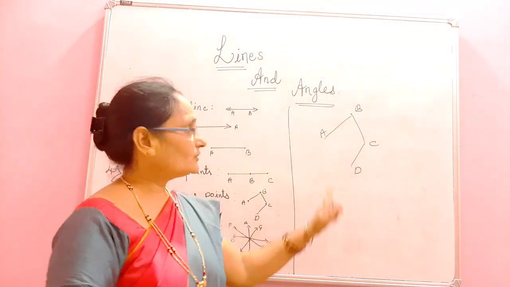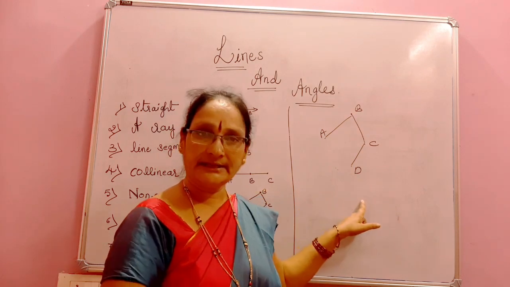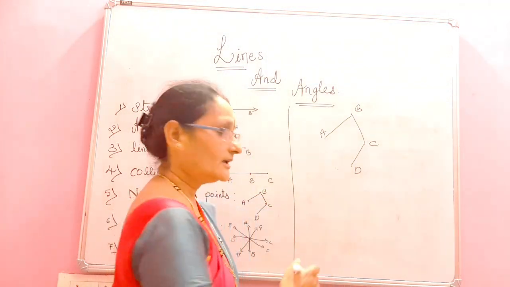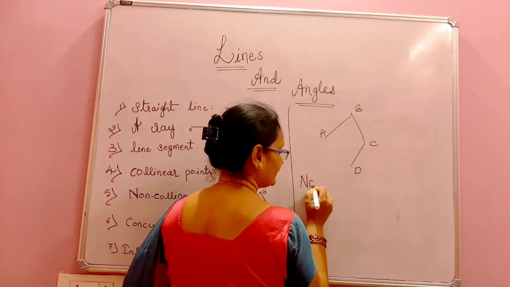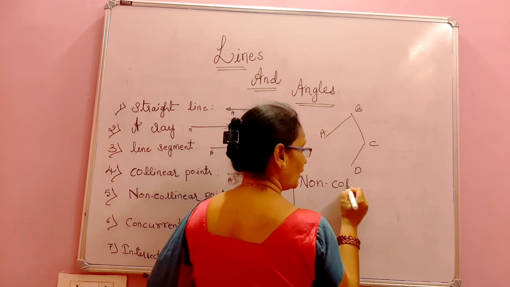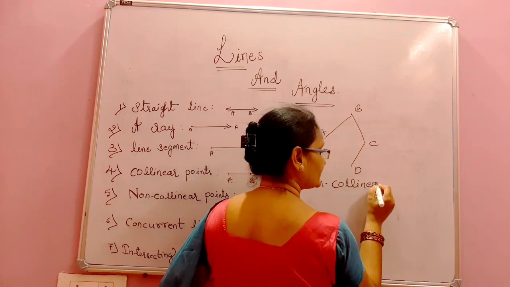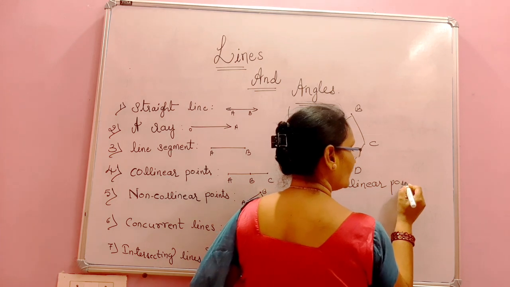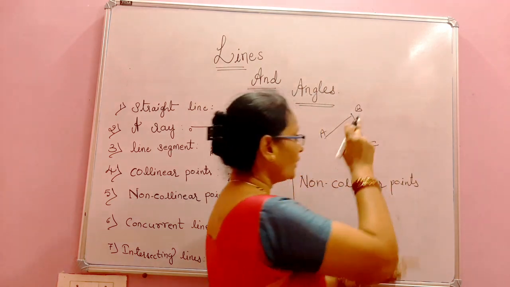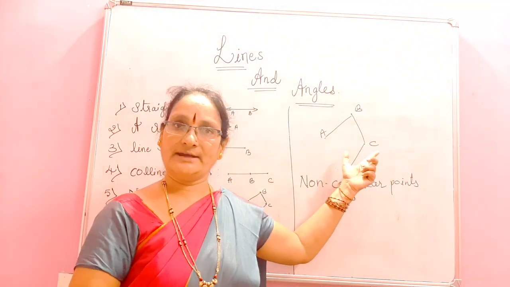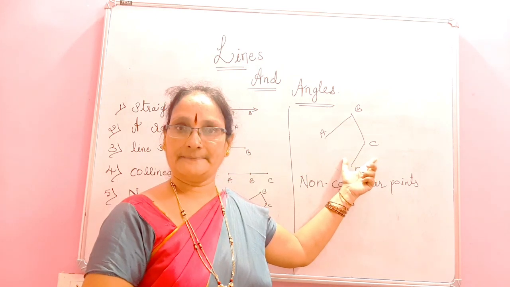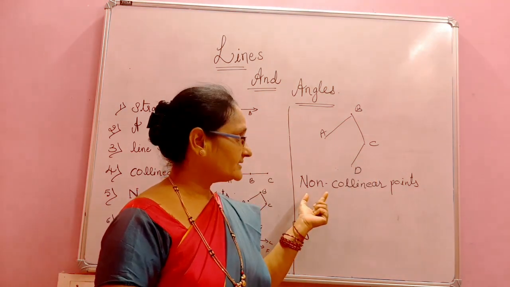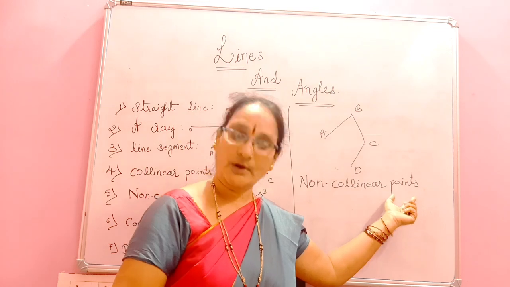So now these A, B, C, D points are called as non-collinear points. When we join those 4 given points, we don't get a straight line. So they are called as non-collinear points.